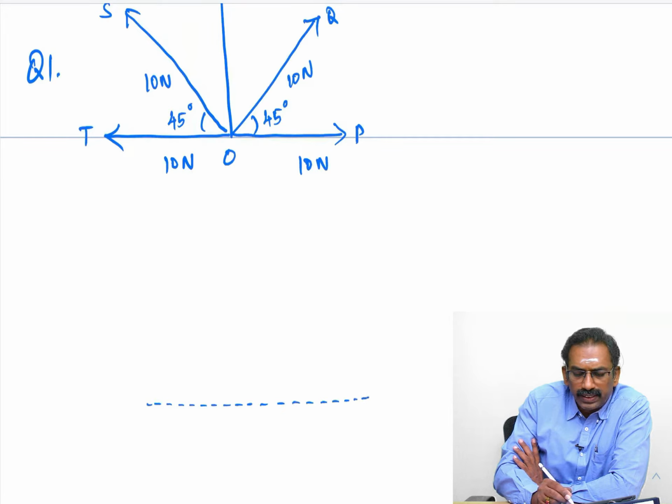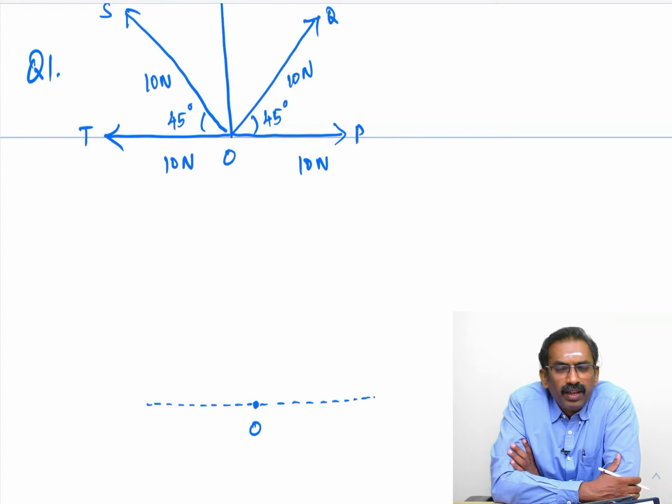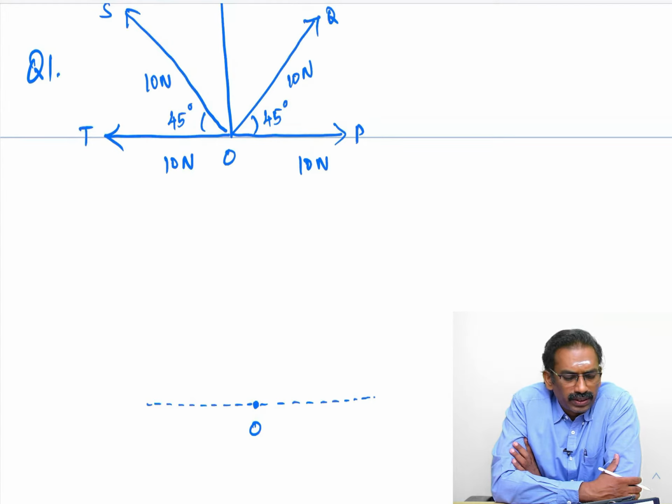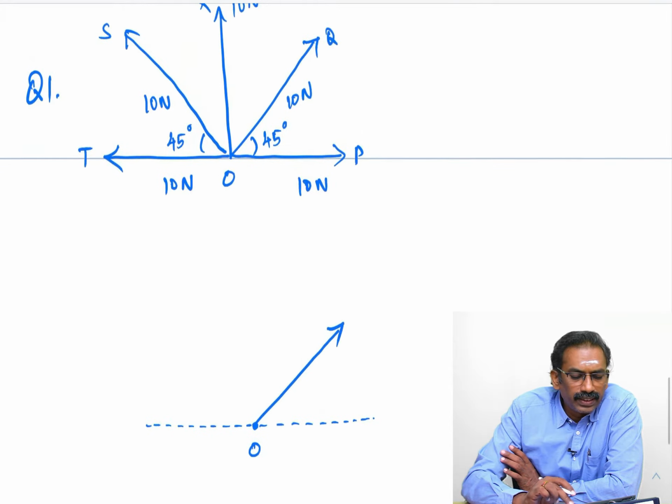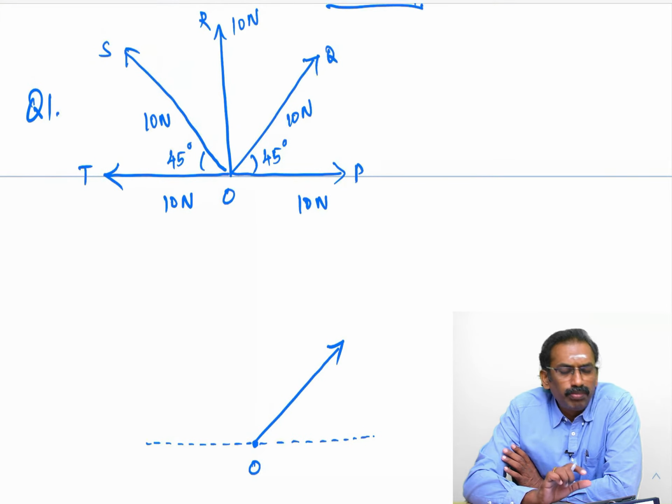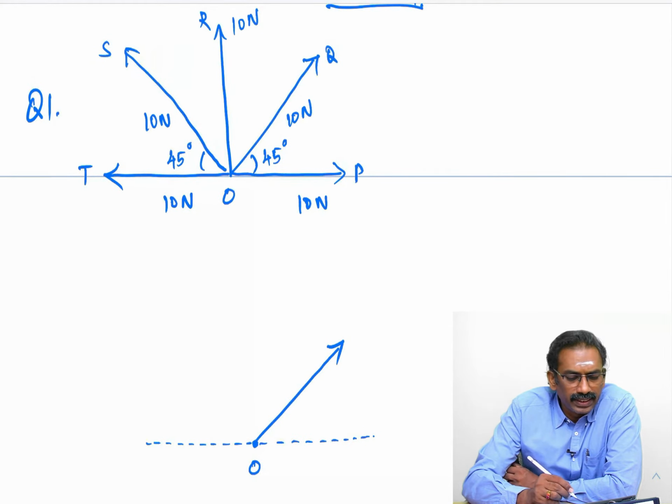The resultant on this line is 0. This is the point O. So, we need not bother about these two vectors now, because they themselves cancel each other. Then the above combination of vectors is simplified into only three vectors.